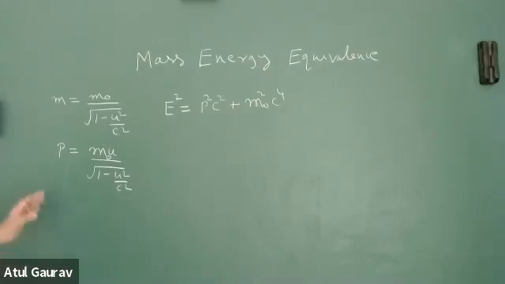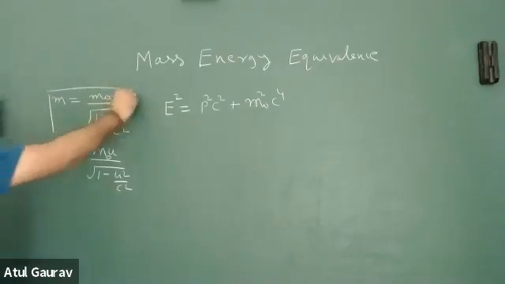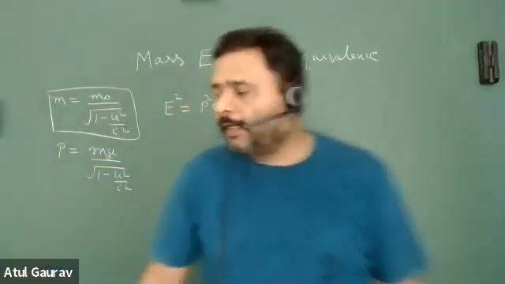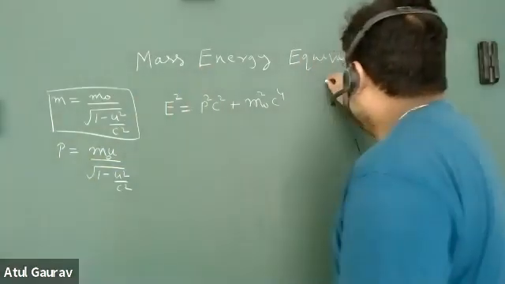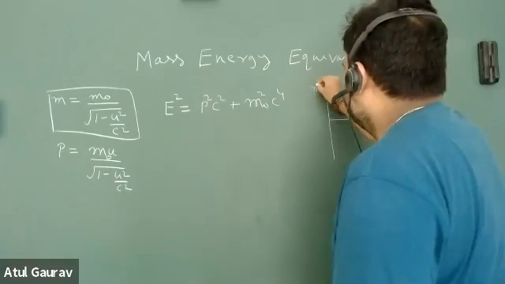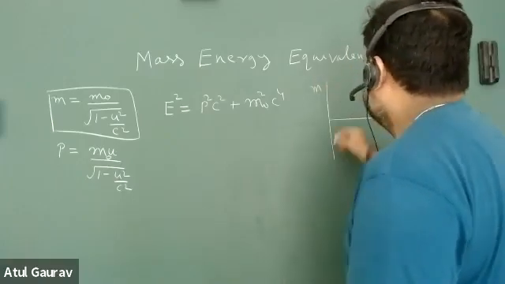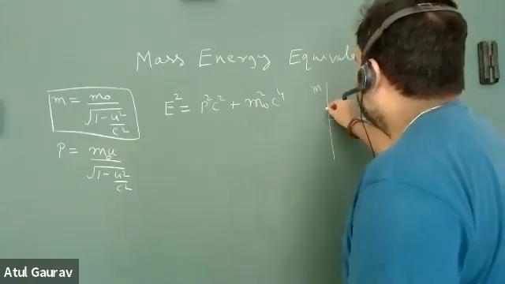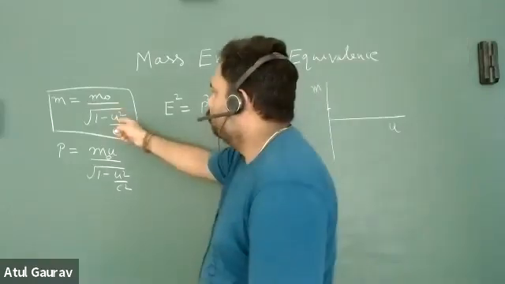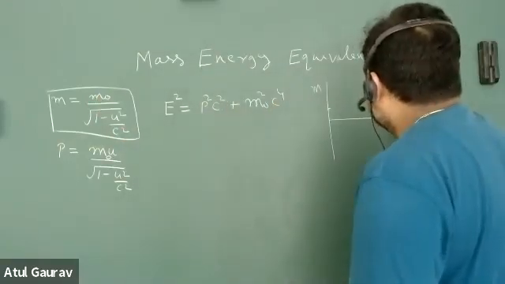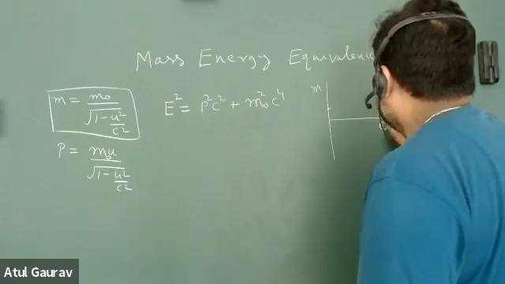Now, if I plot m versus u, it will look something like this. This is m, and this axis is u, and here we have m naught. If u is equal to 0, m is equal to m naught, and there is a saturation point at u is equal to c.